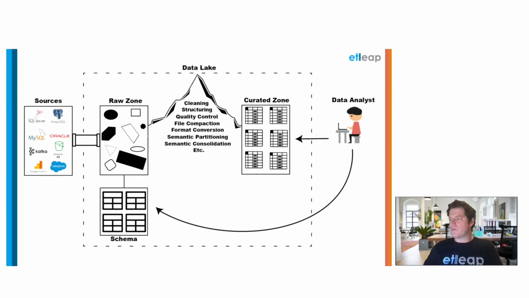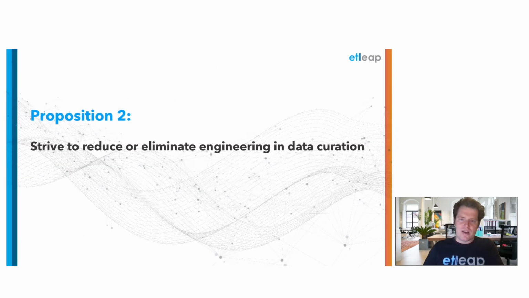So that takes us to proposition number 2. Strive to reduce or eliminate engineering and data curation. Now, this stuff isn't easy, and chances are that your specific data lake setup and requirements means that you have your own specific zones and processes to build out to get the data there.